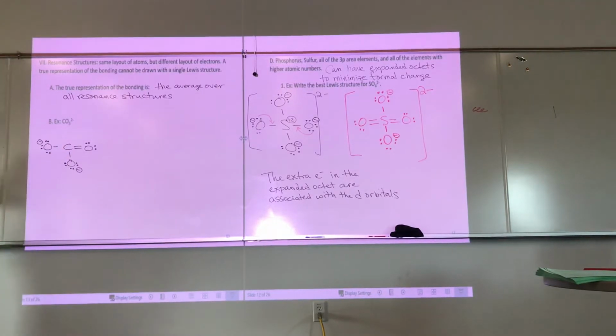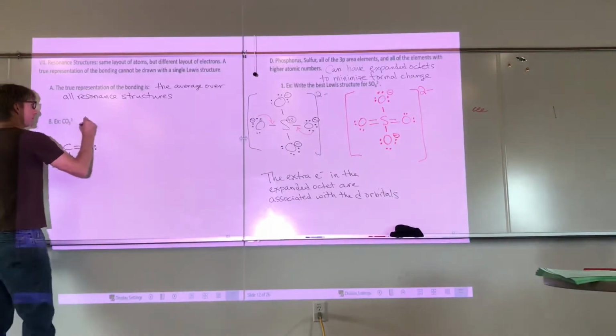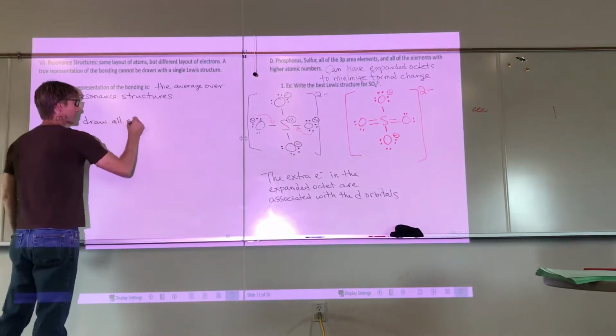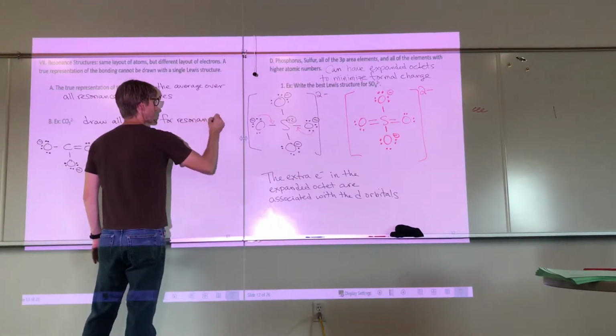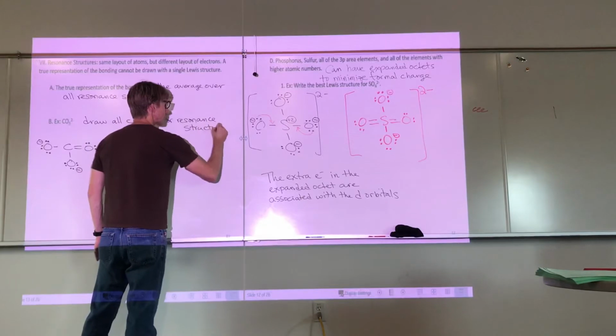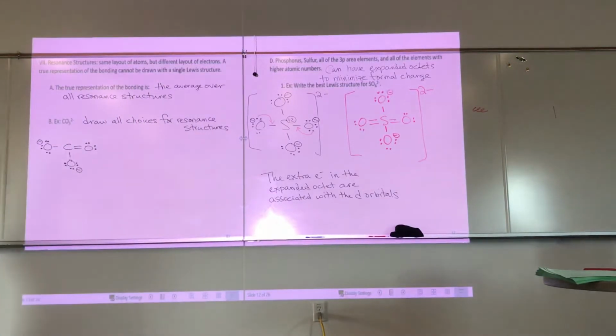Now what are resonance structures? What they are is, when we put this double bond here, we could have placed it in any of these positions. And what resonance says is when you have a choice where you put the double bond, draw all choices as resonance structures. And we have what's called a resonance arrow.